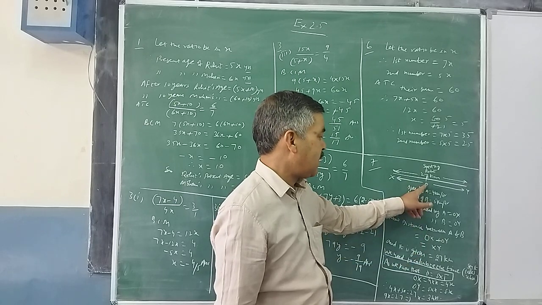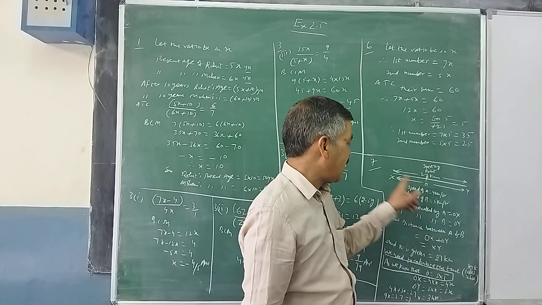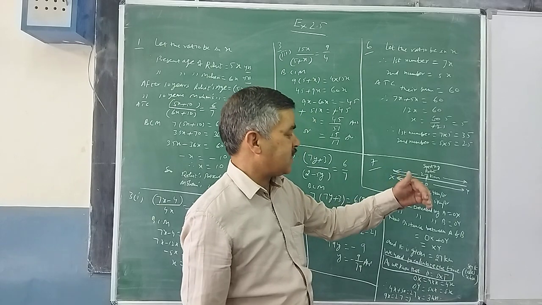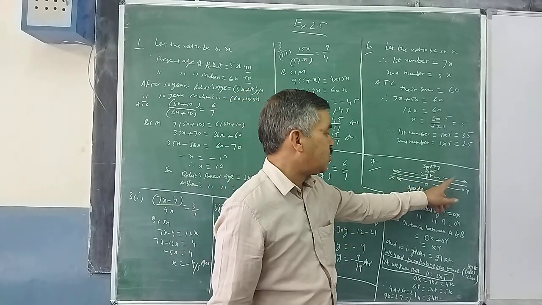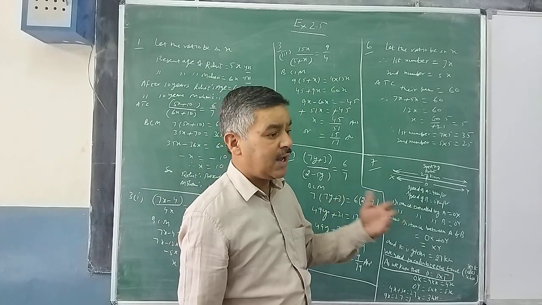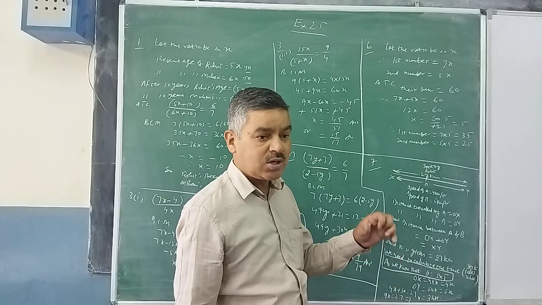And the distance traveled by B in this direction will be OY. So OX plus OY gives you the total distance between the two after a journey of X hours, and that is given equal to 27 km. So after X hours, what is the value of that X we need to calculate here? This is the question.